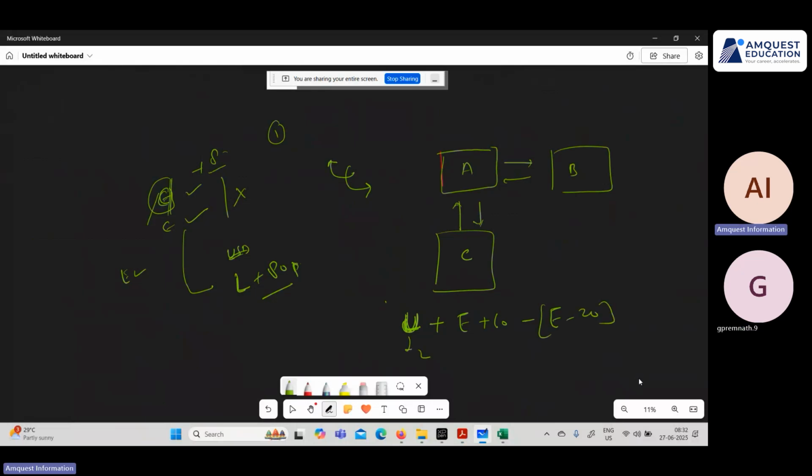If I call this E, then LIBOR plus E plus 60 minus E plus 20 means E cancels out. When E cancels out, it doesn't matter what the dollar-euro exchange rate is or what the euro amount would be. Effectively, you will end up paying LIBOR plus 80.